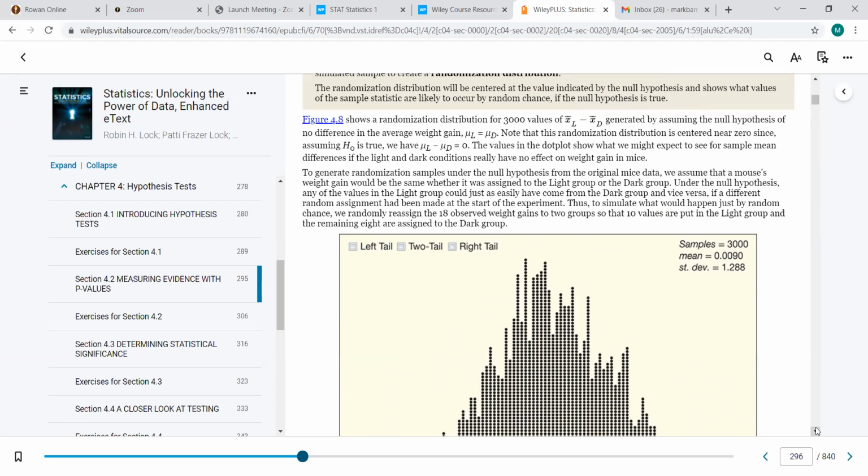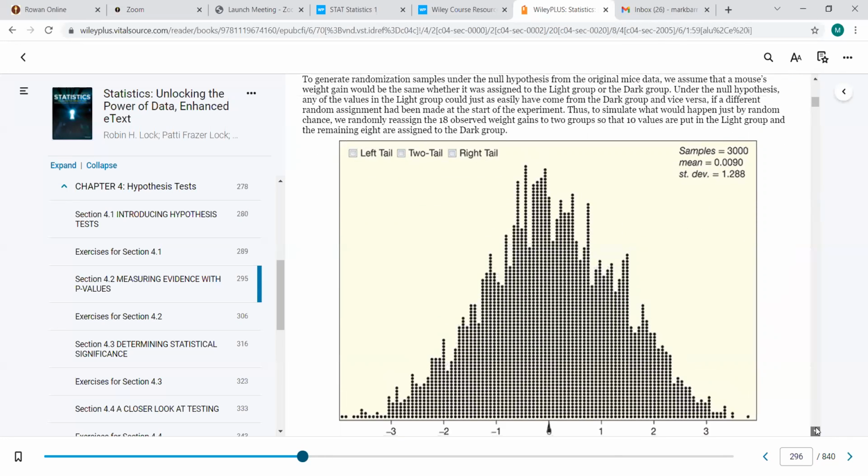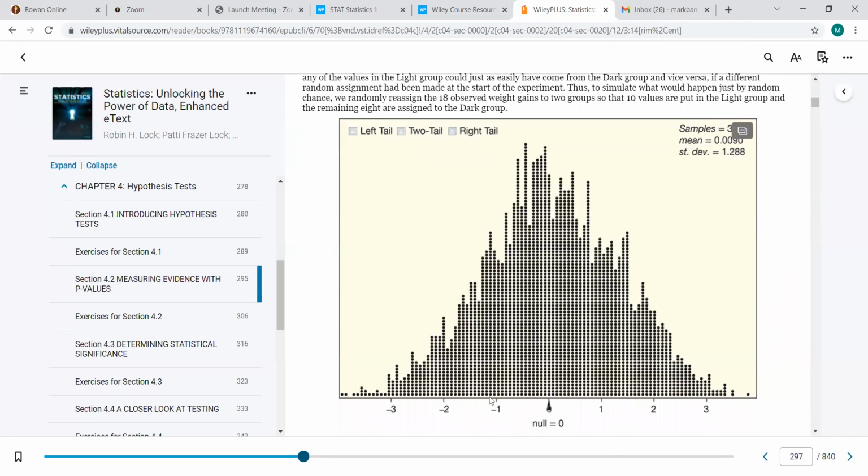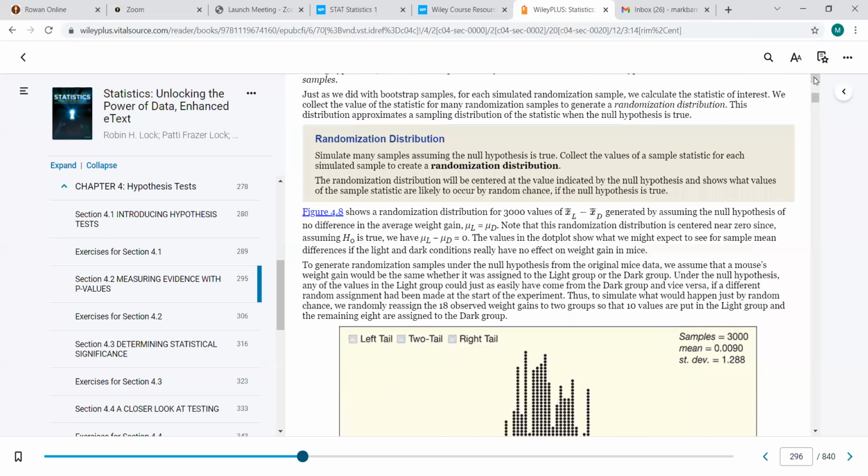And we just want to see, if we randomly created these 3,000 samples, what would be the range of possible differences between the mean of the light group and the mean of the dark group? For example, anything that's negative here, remember what we're measuring is the sample mean of the light group minus the sample mean of the dark group.